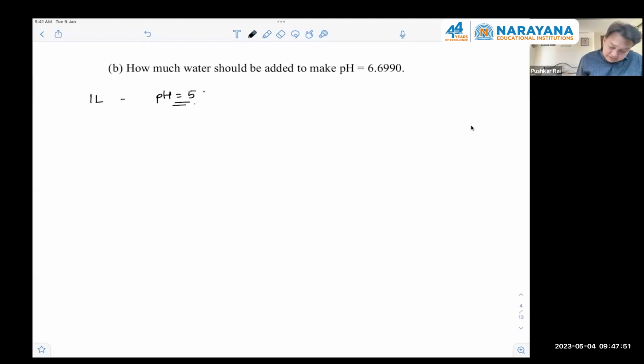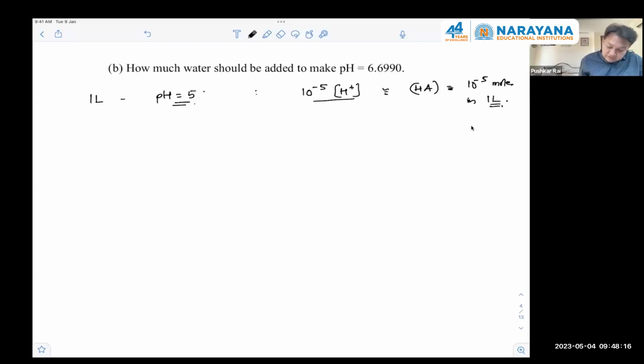One thing is sure: there is 10 to the power minus 5 H plus ion, which comes from the acid HA. Its concentration is 10 to the power minus 5 mole in 1 liter.